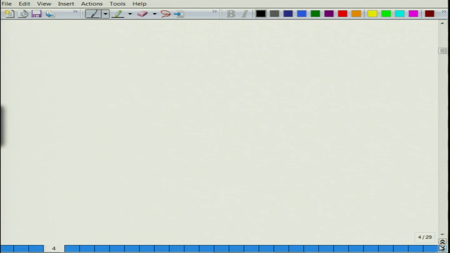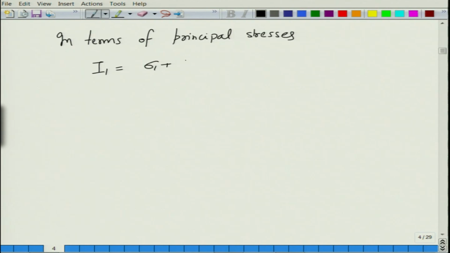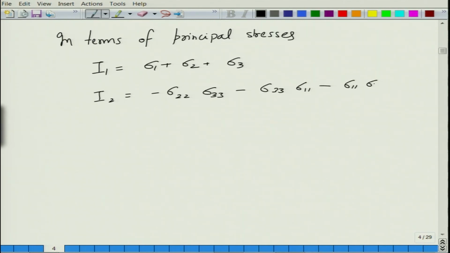In terms of principal stresses, one can write I1 as sigma 1 plus sigma 2 plus sigma 3, and I2 can be written as minus sigma 2 2 sigma 3 3 minus sigma 3 3 into sigma 1 1 minus sigma 1 1 into sigma 2 2, and I3 can be written as sigma 1 1 into sigma 2 2 into sigma 3 3.